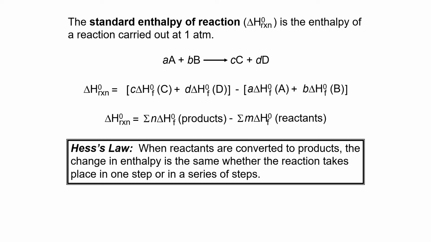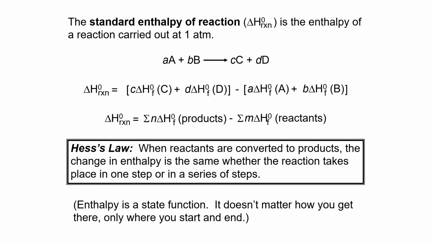Some reactions have to go through several steps in order to get to their products, and we'll take a look at how we can handle those types of problems. Remember, enthalpy is a state function. It doesn't matter how you get there, only where you start and you end.